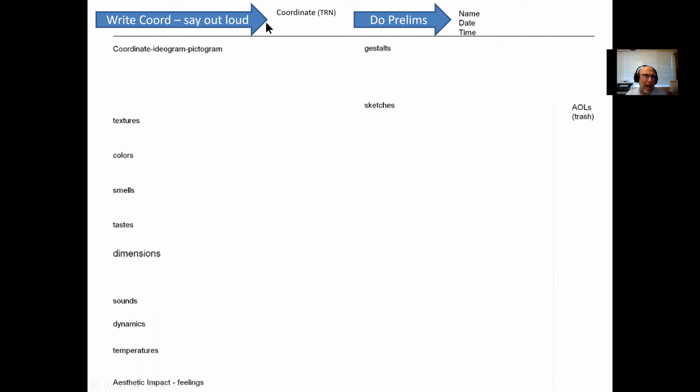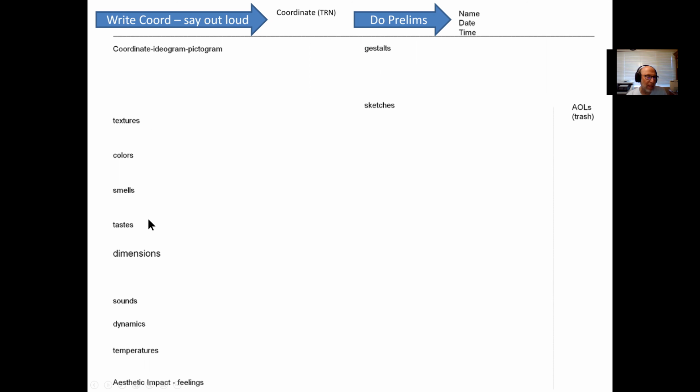You say the coordinate out loud when you're ready, after you do what's called the cool down, and I'm about to tell you about that. Here's a place for gestalts. So this is one approach. You've seen other approaches, and the gestalts sometimes come later, sometimes they're mixed in here with all of the possible kinds of information that your nervous system, through your conscious mind, gathering the information from your subconscious, can give you.